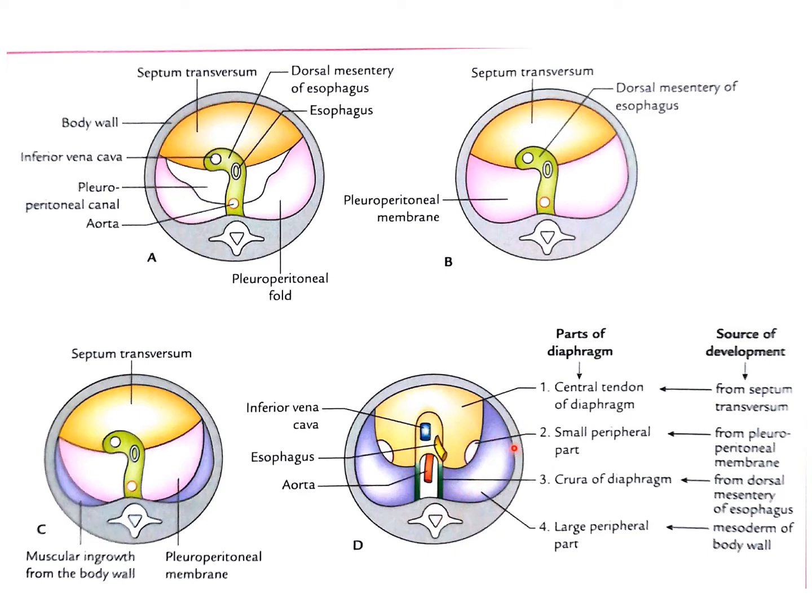The burrowed portion of the lateral thoracic wall forms the large peripheral muscular portion of the diaphragm. The dorsal mesentery of the esophagus forms the right and left crura of the diaphragm.